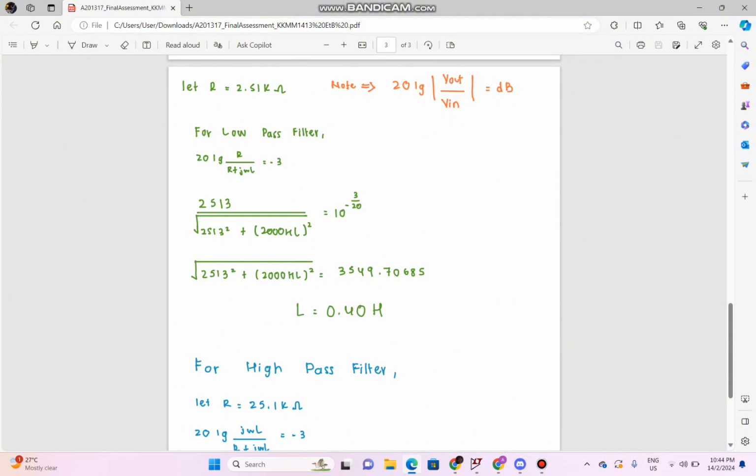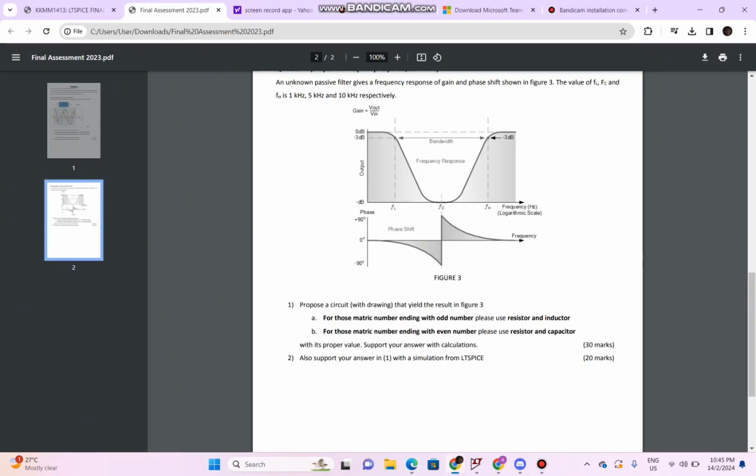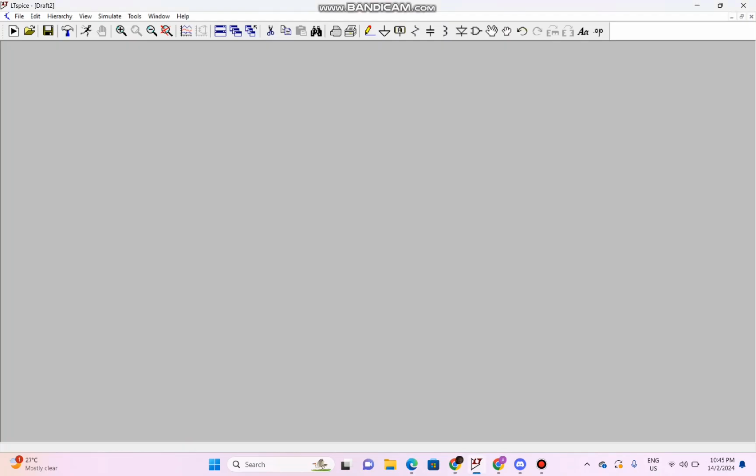Then we use this formula, as you can see, 20 log base 10 of the modulus of the output equals dB, which is equal to -3. Why? Because according to this figure, it equals -3.